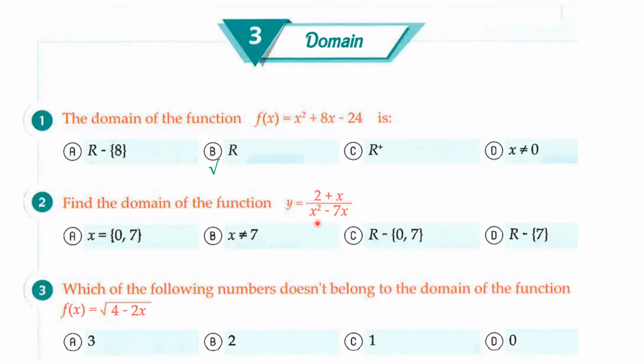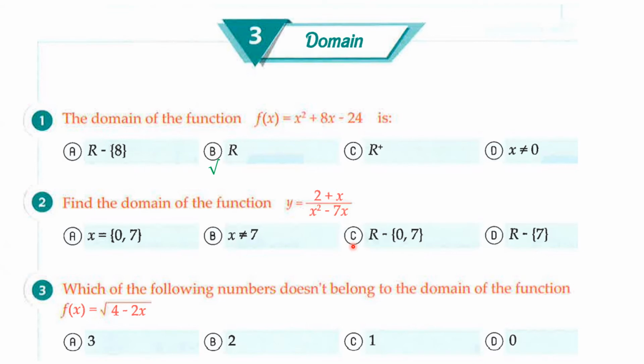Here, the x's that will cause a division by 0 will be excluded from the domain. So basically, I think something from A or C, right? These are the ones that have 0, and substituting 0 over here will give me 0 in the denominator.